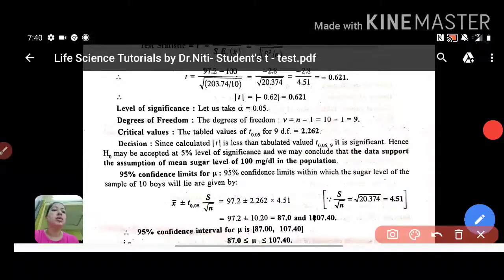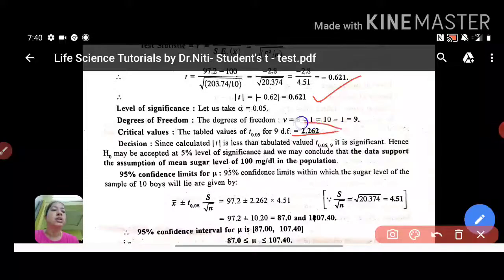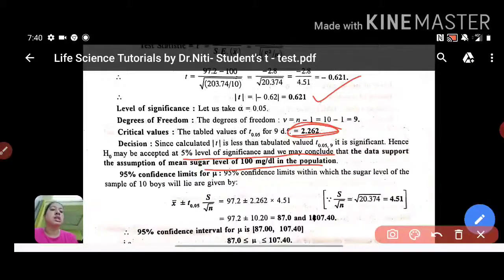Now the calculated t value is less than the tabulated value, so the null hypothesis may be accepted here. We can also say that the sample mean may be considered as 100 milligram per deciliter.